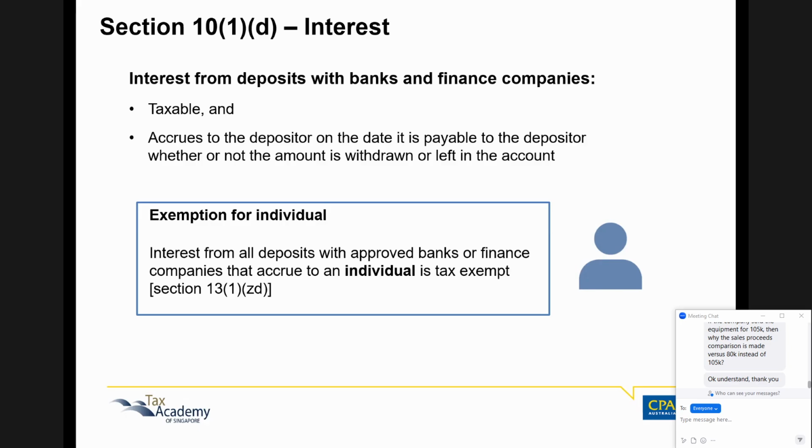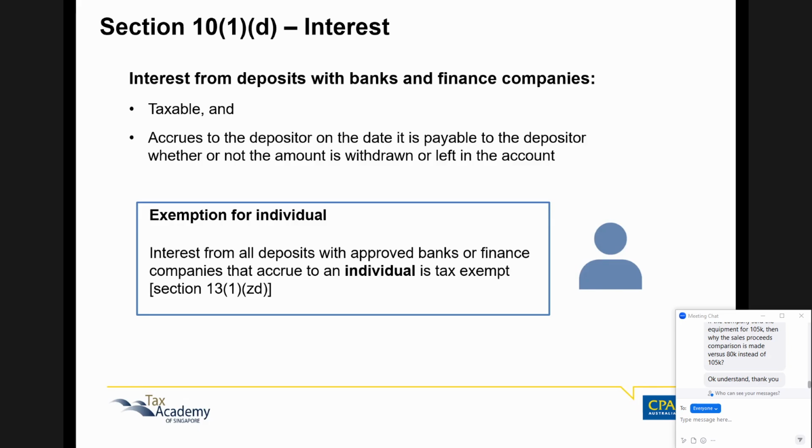It is taxable, and it accrues to the depositor on the date the bank has deposited that interest to your bank account. It is not when you have actually withdrawn that interest income for use. Just a note for individuals: interest from deposits with approved banks and financial institutions will be exempt from tax.